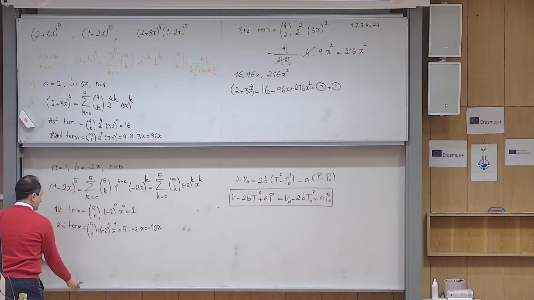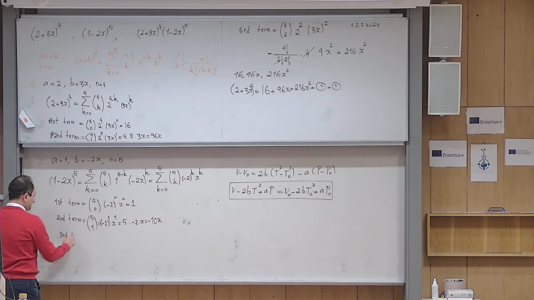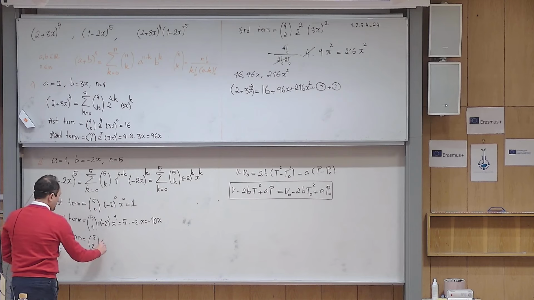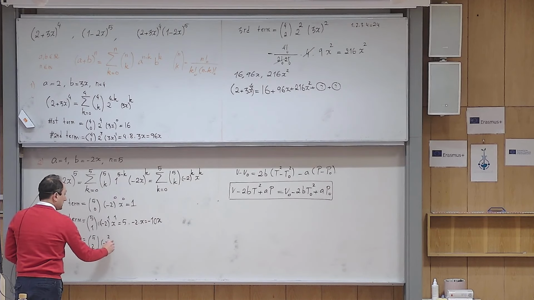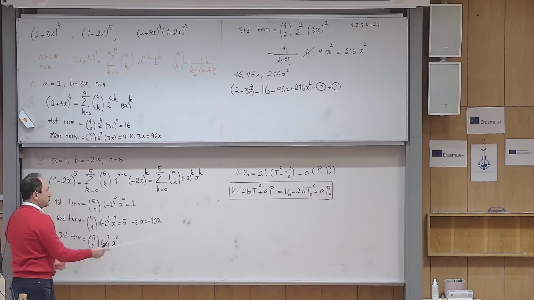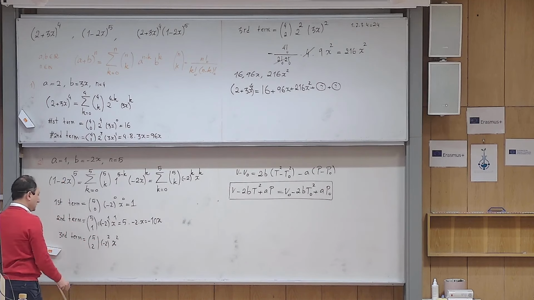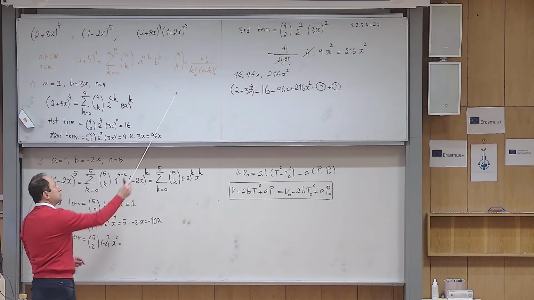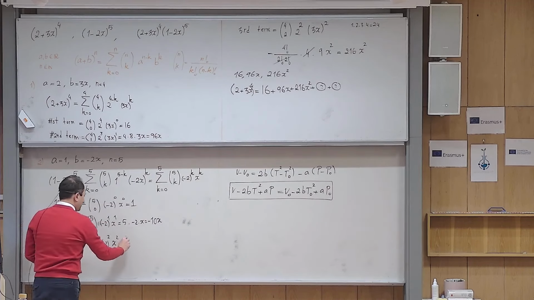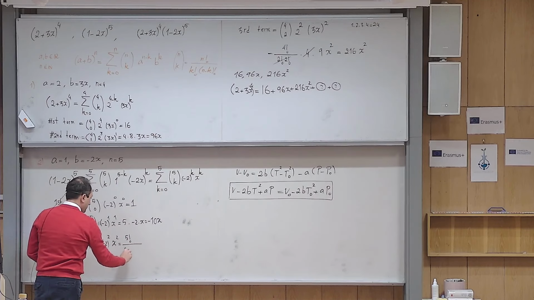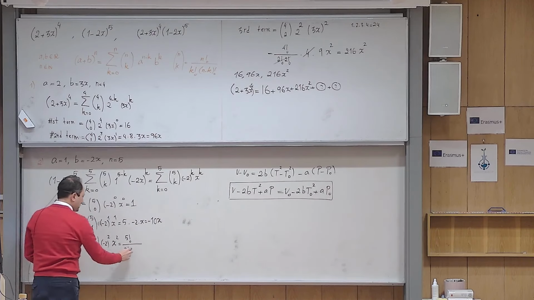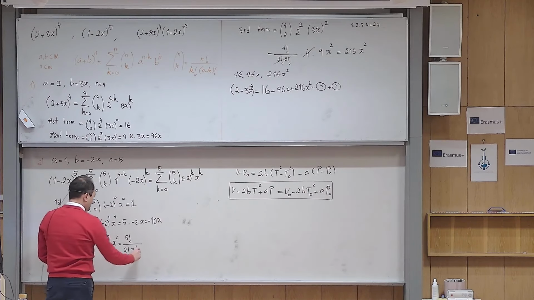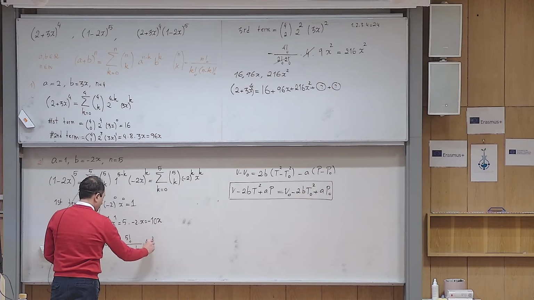And finally, the third term is equal to 5 choose 2 times minus 2 to the power of 2 times x to the power of 2. I replaced every k with 2. 5 choose 2, we can calculate it using the formula that you see here on the board. So it becomes 5 factorial over 2 factorial, the difference between them, which is 3 factorial. And minus 2 to the power 2 is positive 4x squared.